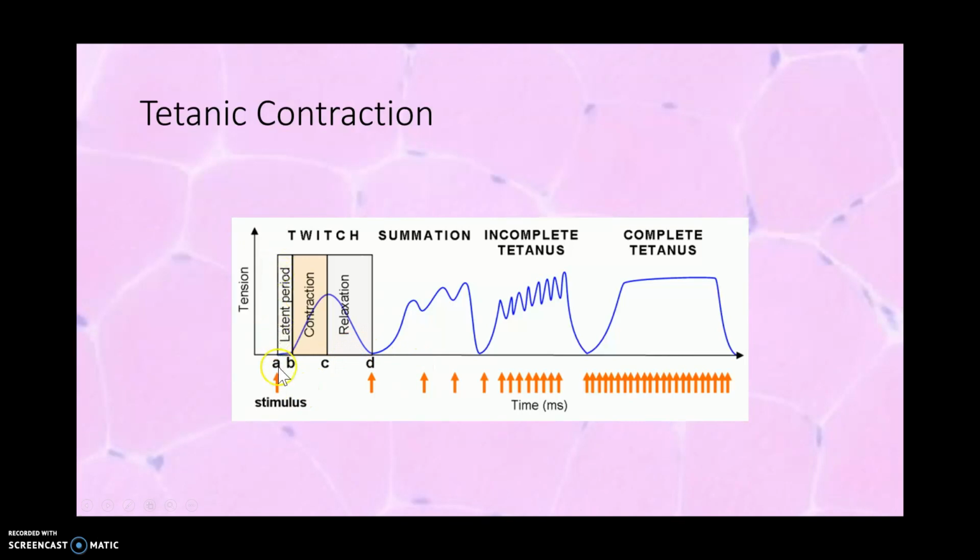So what is the latent period? We're going to have a stimulus in order for us to contract. We have that action potential coming down to act as that stimulus right there, which is A. What is this latent period right here? It's the time between the actual stimulation of the contraction and the actual movement of the resistance. So there is actually a time factor here.